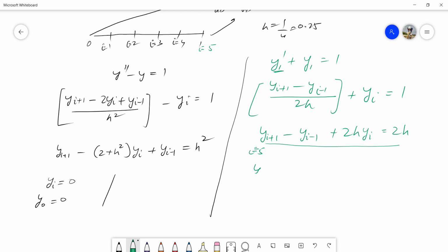So I think somewhere we have made a mistake or what? Let me check. We have i equal to 1, i equal to 2, i equal to 3, and for i equal to 5, 4.